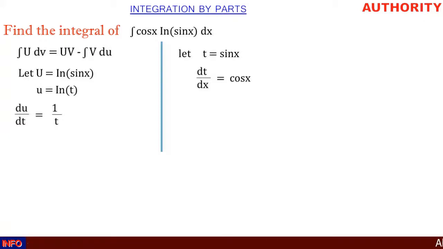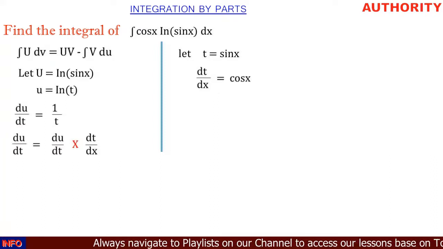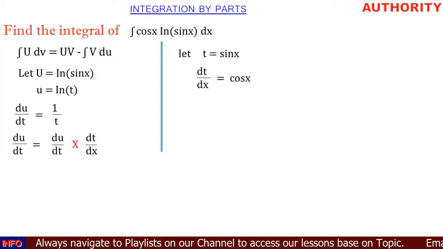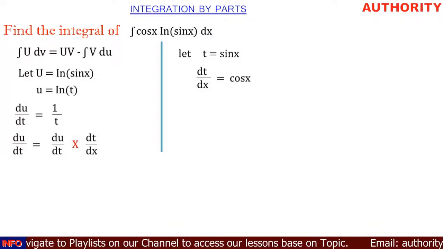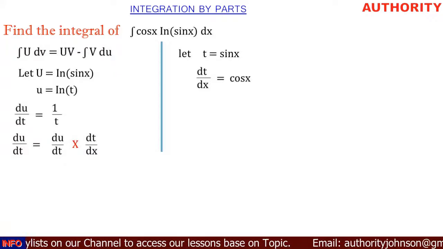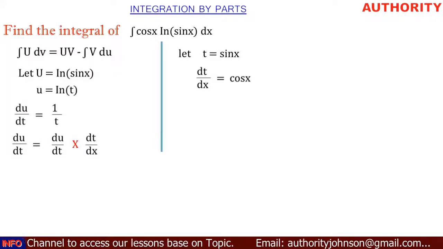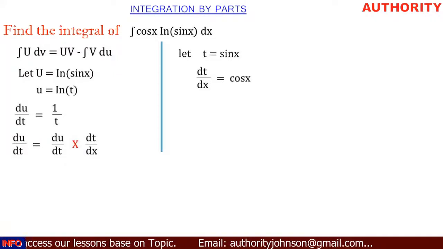But you realize that what we wanted to find initially is the derivative of u with respect to x. But now we have the value t. So we're going to say du over dx is equal to du over dt, which we have differentiated, times dt over dx, which is the chain rule we said we're going to make use of.